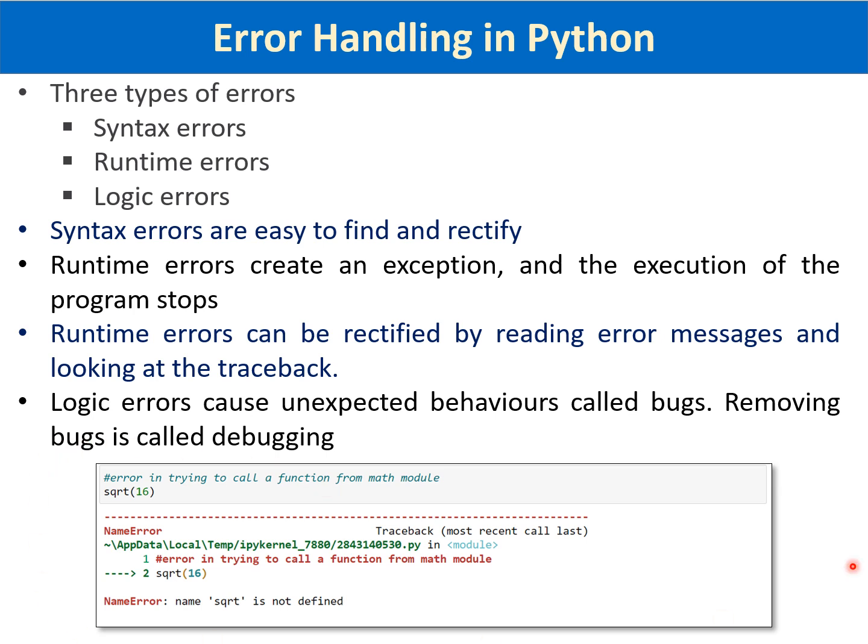Like in this error message, as you can see, the name of the error got printed, followed by the details of the error, and also a traceback on where something could have gone wrong in the program.